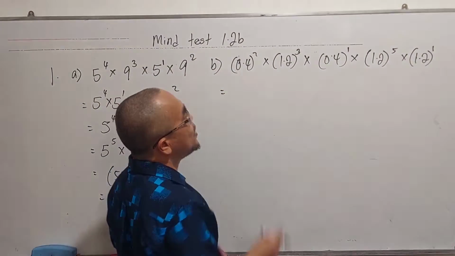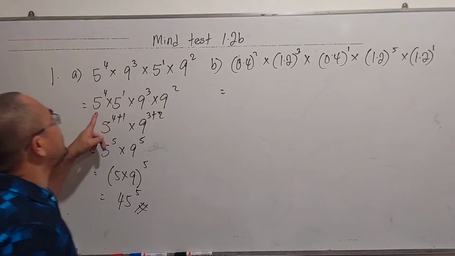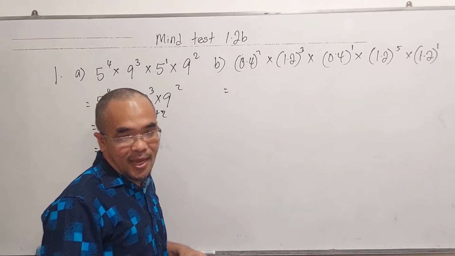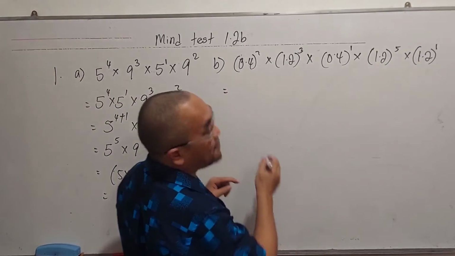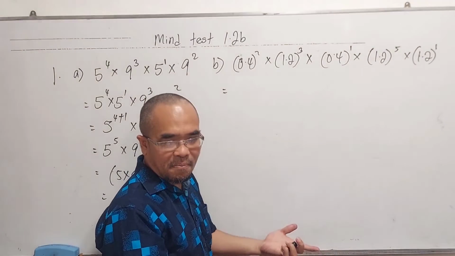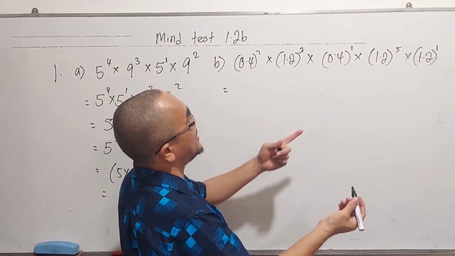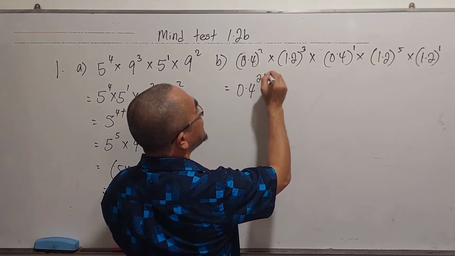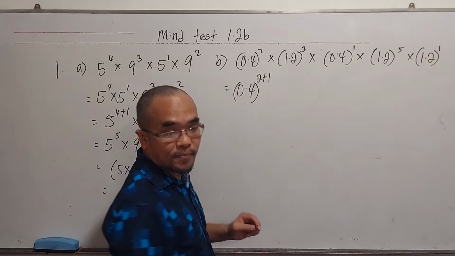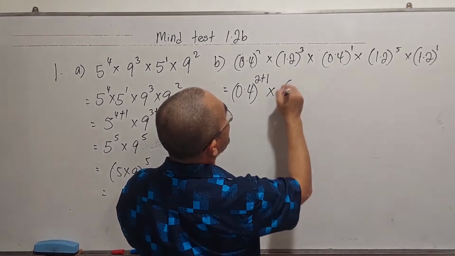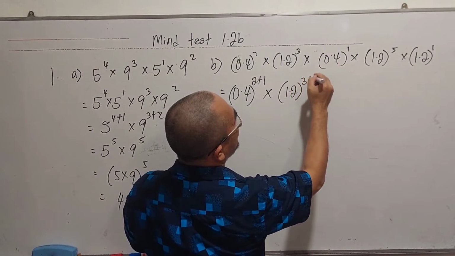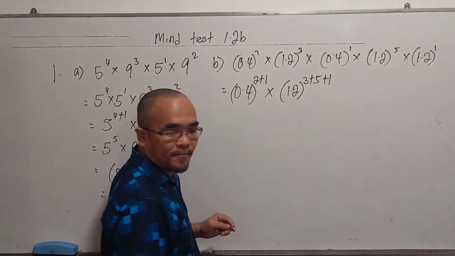Okay, so actually you do not have to write like this. You don't have to actually. You just combine them, add them, because multiply. Okay, 0.4 and then here 2 plus 1. Similarly with this 1.2, 3 plus 5 plus 1.